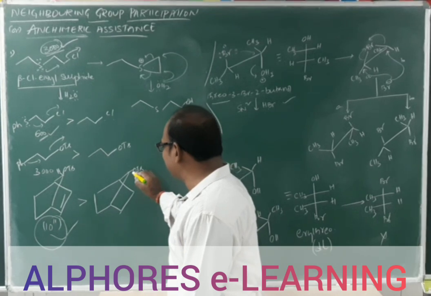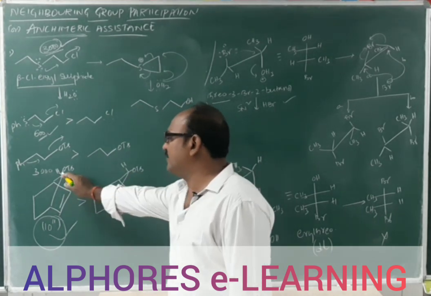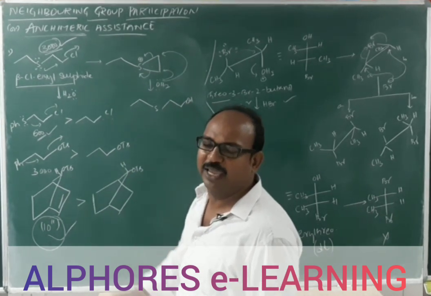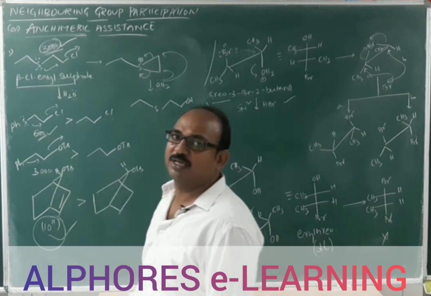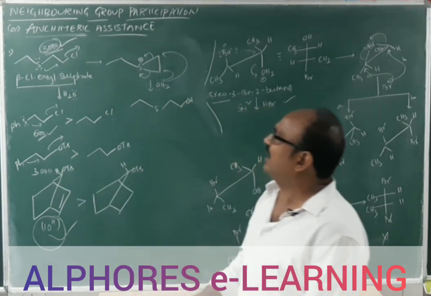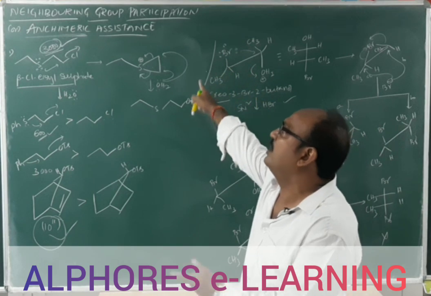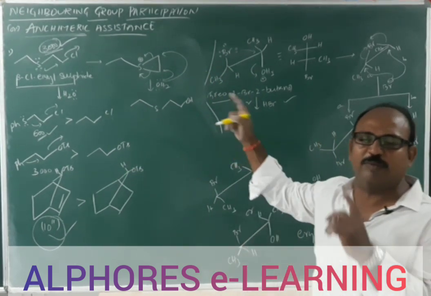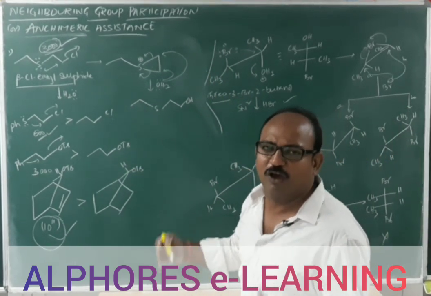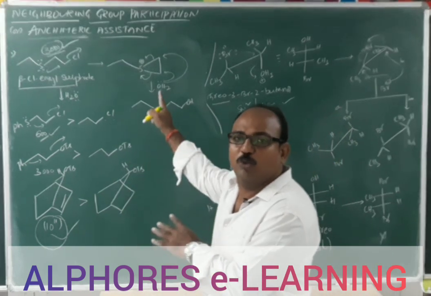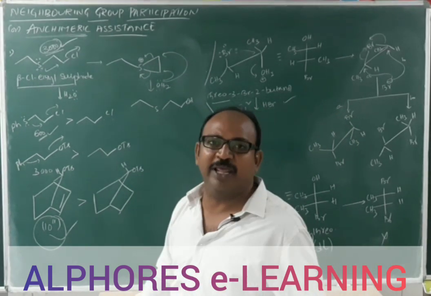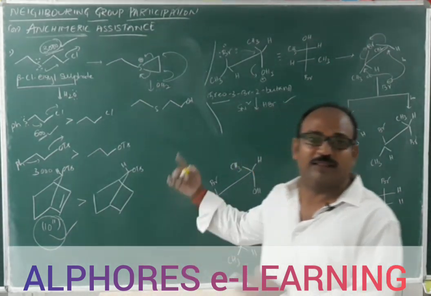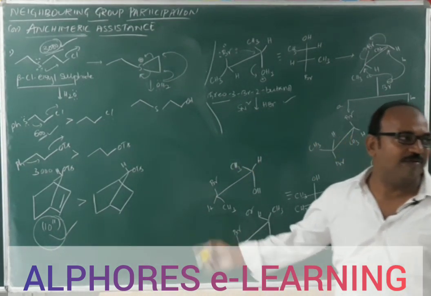So solvolysis of this one is less and this one is more, only because of pi electron anchimeric assistance. So in all these reactions, because of neighboring group participation, anchimeric assistance arises. Anchimeric assistance is nothing but an increase in the rate of reaction, but not a change in the product. Like this, there are so many other reactions also. Let us have a look at that.